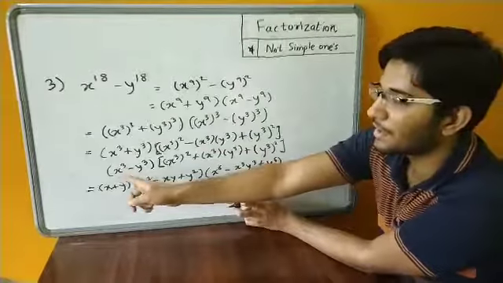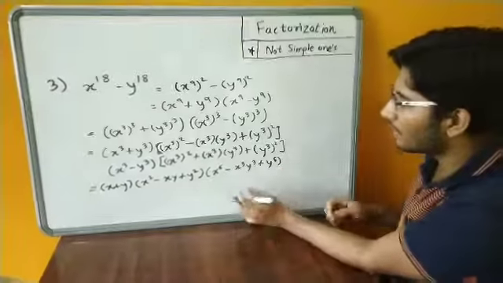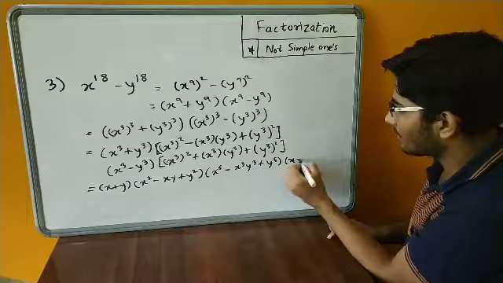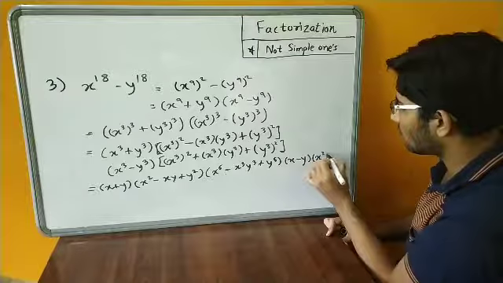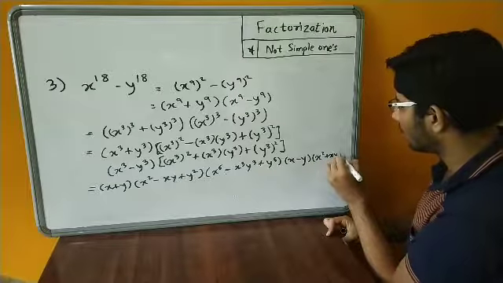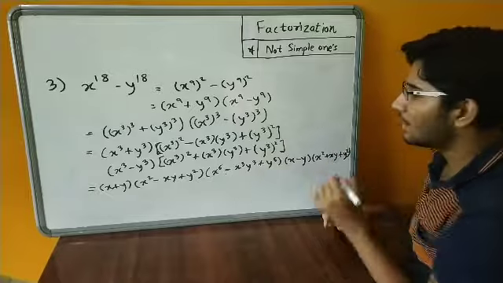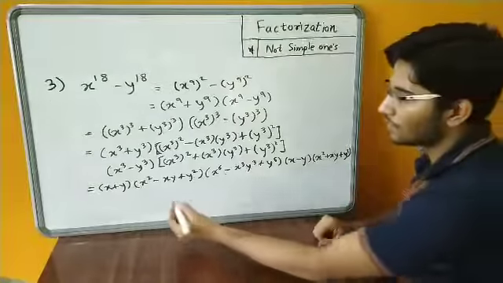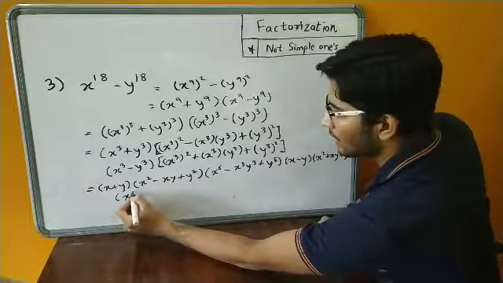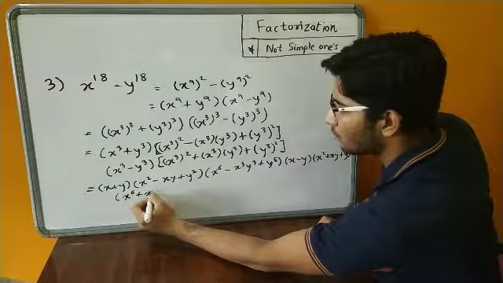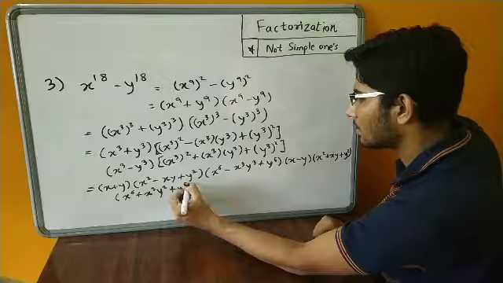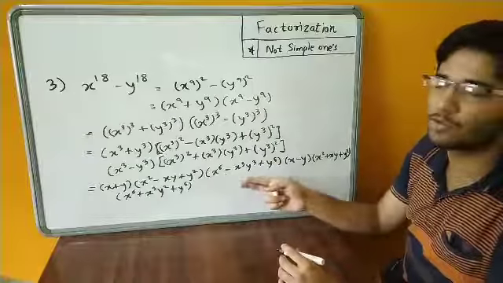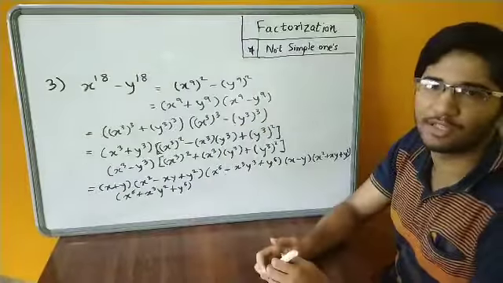Then the third bracket, it is a cube minus b cube, so we will write a minus b, which is x minus y, into x square plus xy plus y square, into the last bracket, so multiply by x raised to 6 plus x cube y cube plus y raised to 6. And this is the final answer for factorization of this expression.